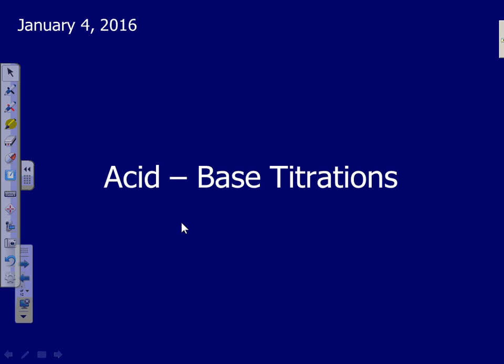Now, a titration is a special technique using all of this equipment that we have here that you'll be doing tomorrow, and it's a technique that allows us to react an acid with a base such that one of them we don't know the concentration of. So in this case, my hydrochloric acid, even though it says 0.5 up here, ignore it.